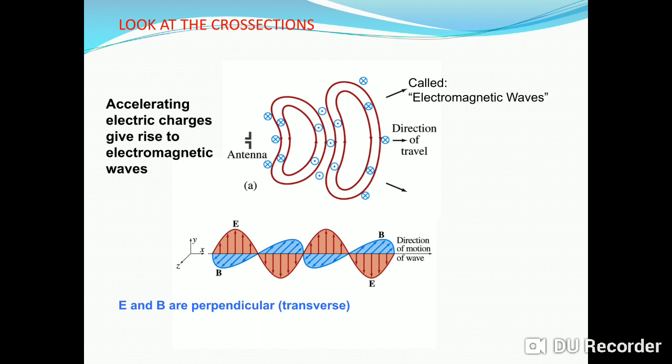Now look at the cross section. From this we can say that accelerating electric charges give rise to the electromagnetic wave. Means the accelerating charges produce electromagnetic waves. So in the case of an electromagnetic wave, the electric and magnetic fields are perpendicular to each other, that is, the wave is transverse in nature.